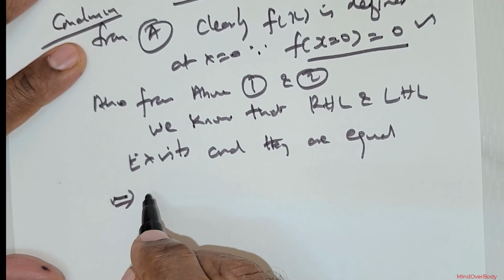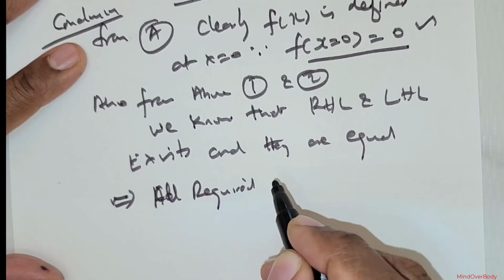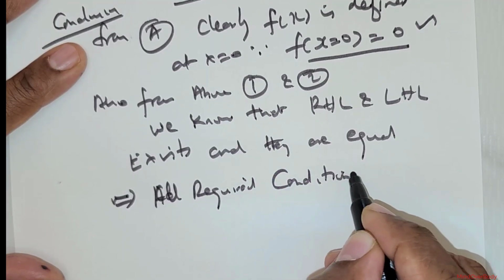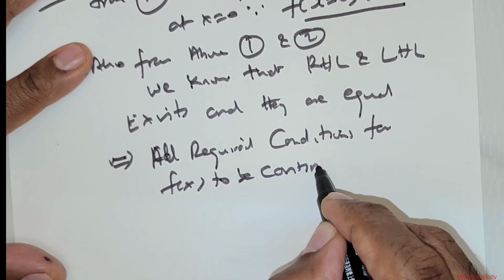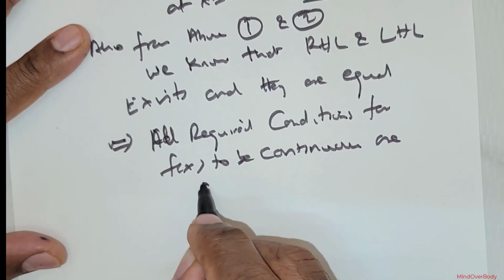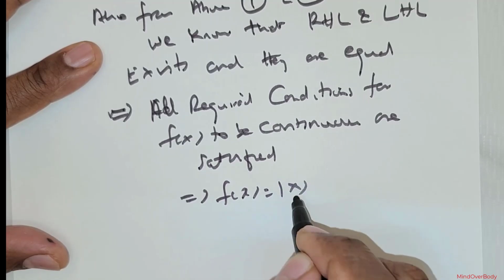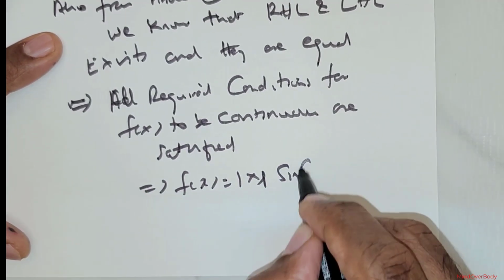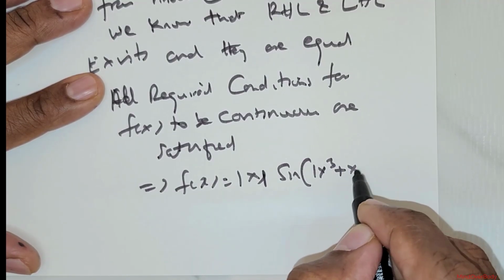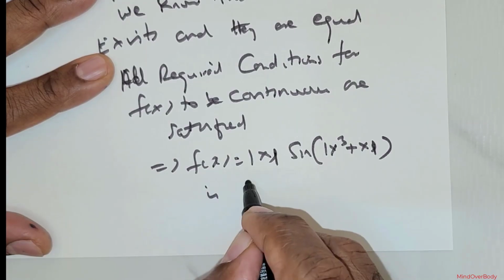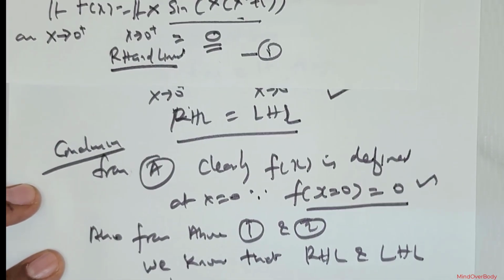So this means all required conditions for f of x to be continuous are satisfied. So this means f of x is equal to modulus of x times sine of modulus of x cubed plus x, with the modulus sign, is continuous. Okay, so that completes this question.